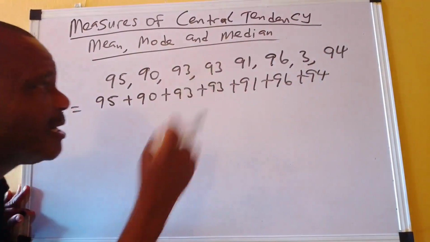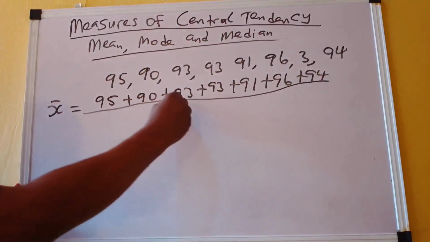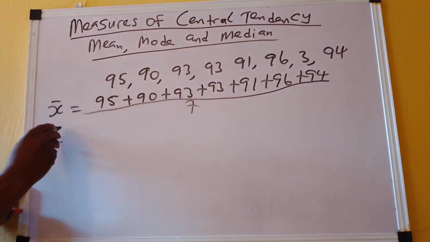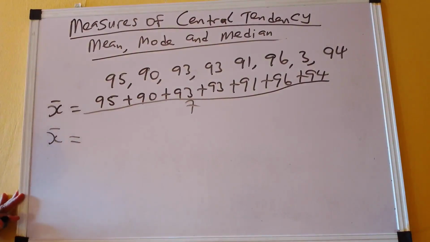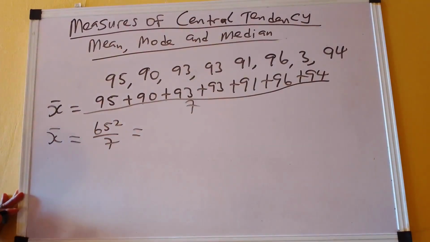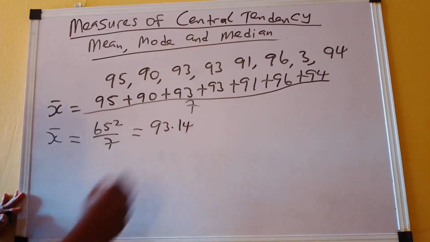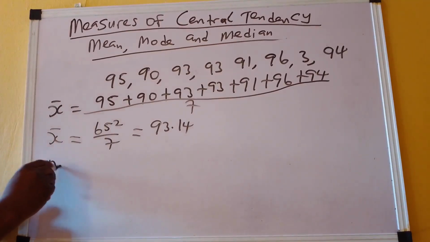We are not including the outlier now, so this makes it a total number of 7. If you add this together, you are going to have the sum of 652 all over 7. This will now give you 93.14.